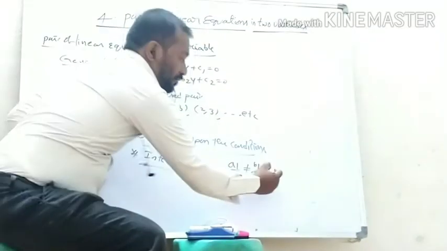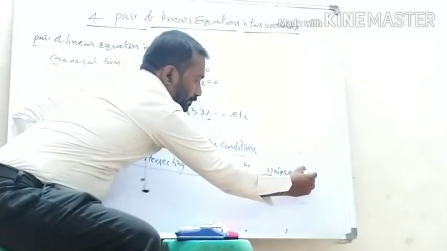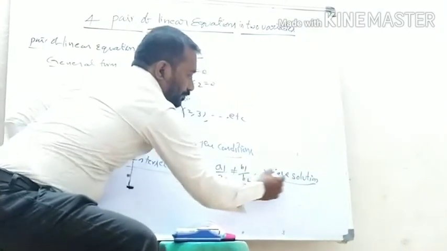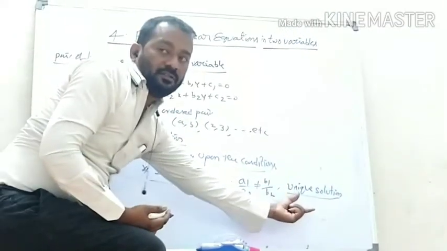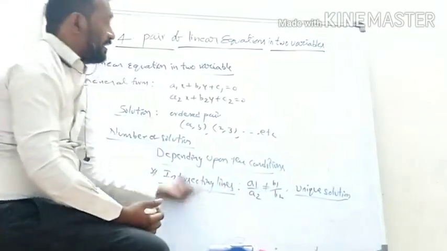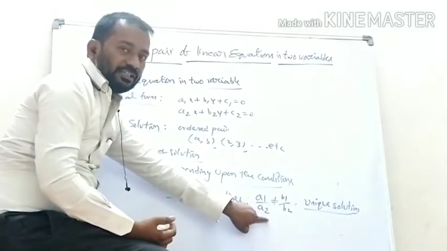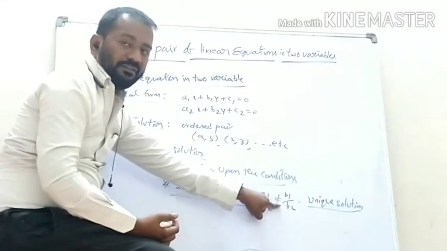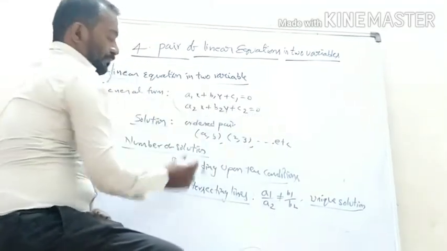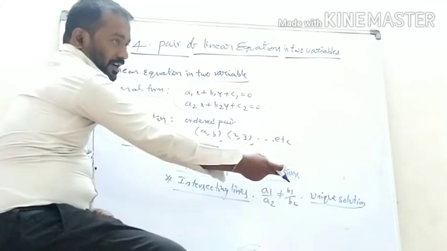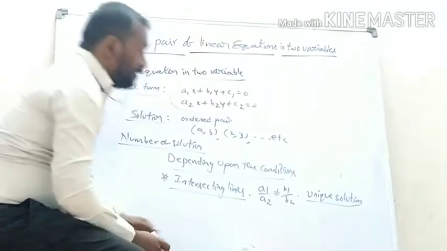One common point, so a unique solution. When A1 by A2 is not equal to B1 by B2, the system has a unique solution and the lines are intersecting lines.